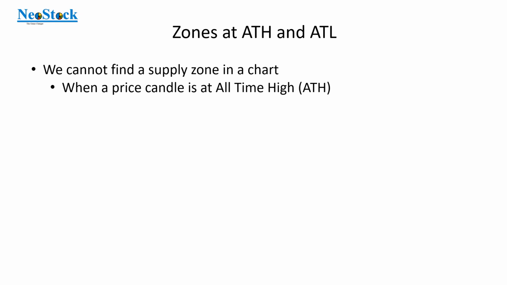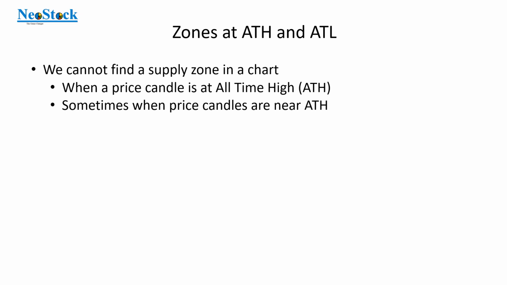And the second scenario, sometimes when price candles are near all-time high, it may not be exactly at the all-time high, near the all-time high. Say for example, in the previous candle, the price is at all-time high. And in the present candle, the prices came a little below the all-time high.